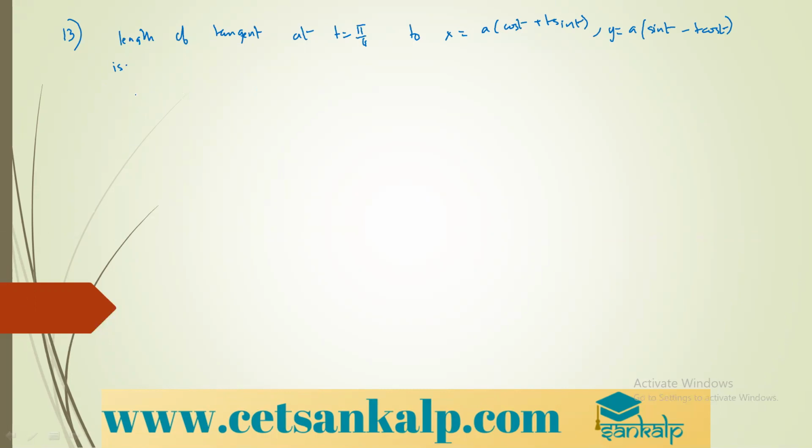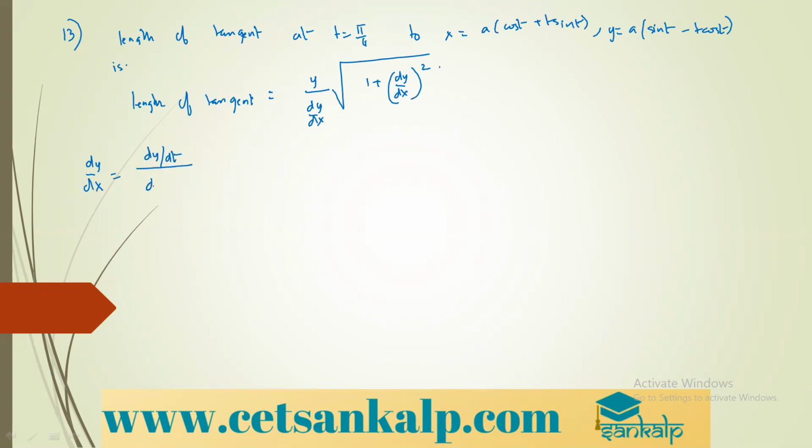So first of all, the formula for length of tangent. It is y by dy by dx into square root of 1 plus dy by dx whole square. So we will find dy by dx by finding dy by dt over dx by dt.